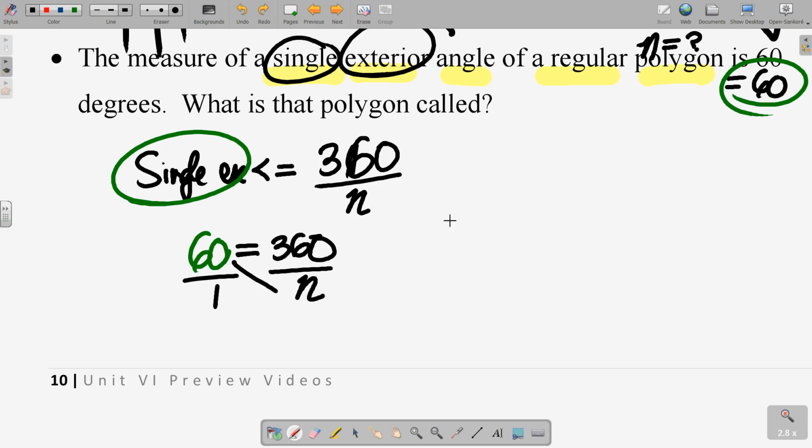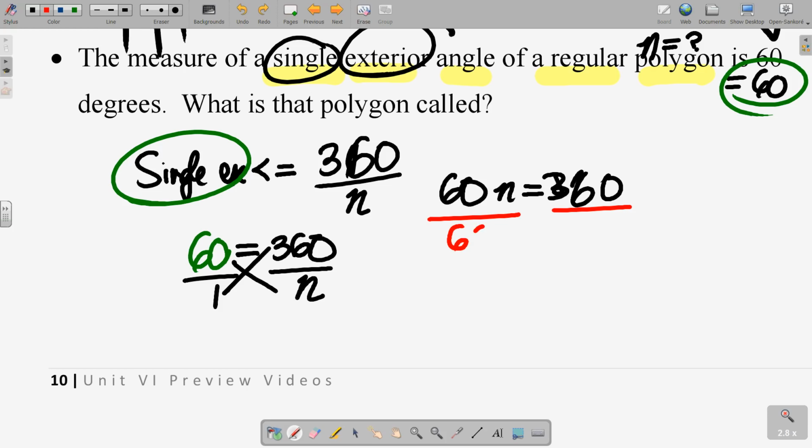Now we cross multiply. Of course, the zeros cancel. So now we have 36 divided by 6, and we get n equals 6. But wait, there's more.